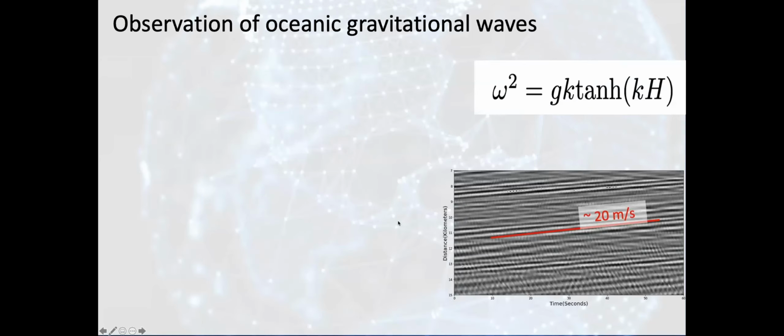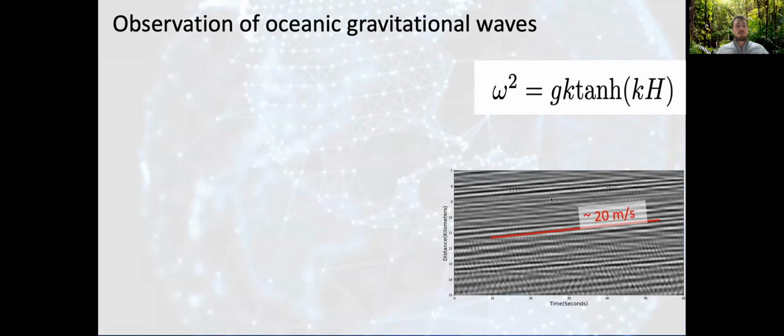But here I don't want to discuss too much about earthquakes. I want to discuss how to use information from this cable, how to use seismic waves, especially ambient waves. Actually, I see that my camera is not on, so that you can see me as well.